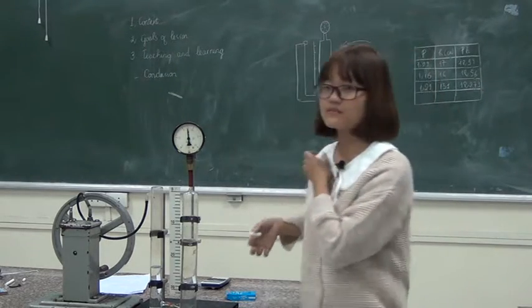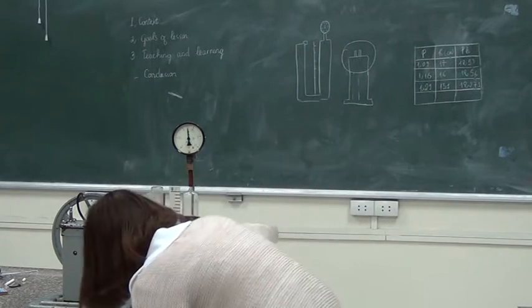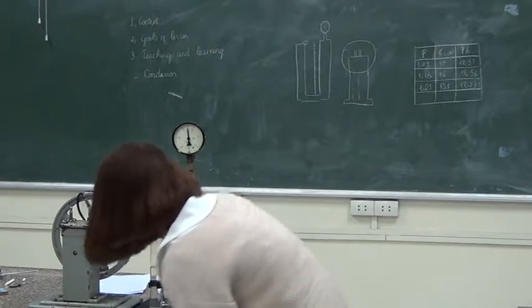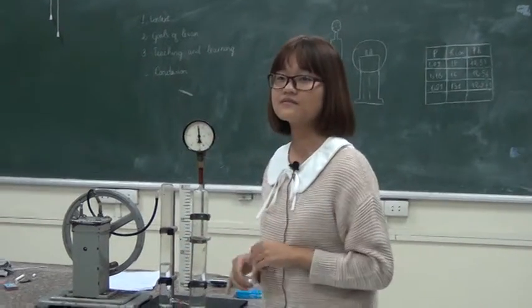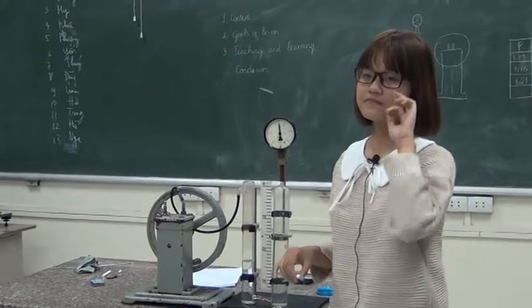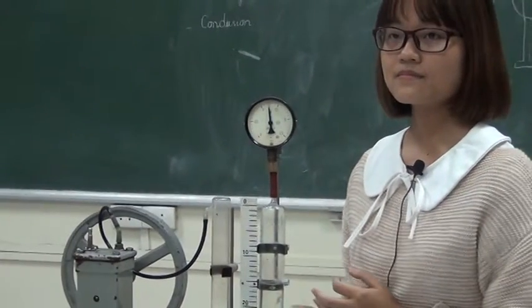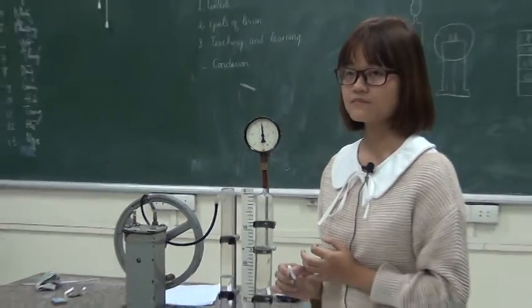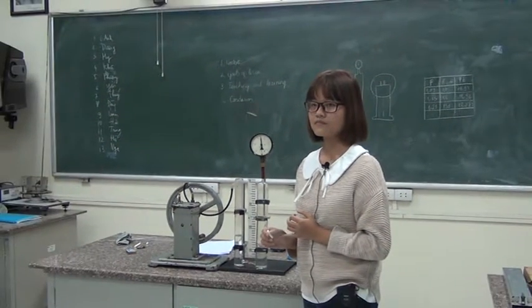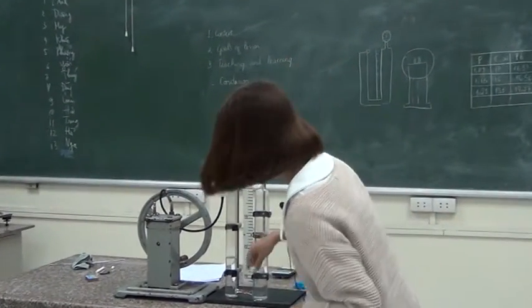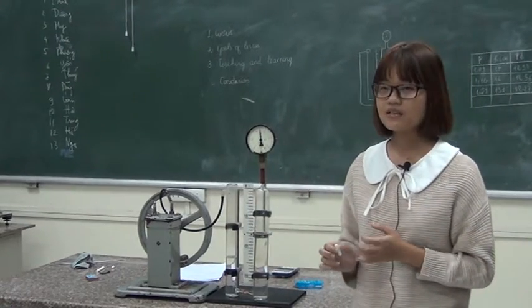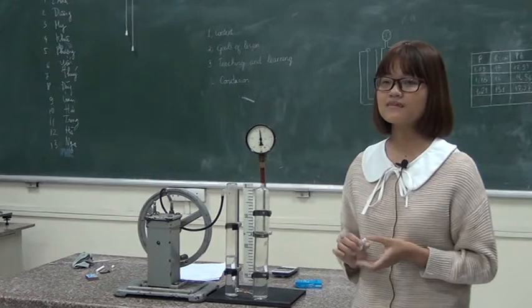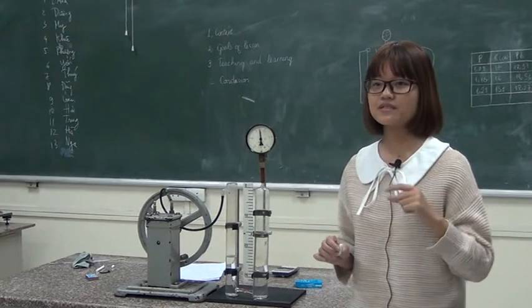It's just proportional, because here it is a little bit more than 15. No, it's not a good way. You have to read based on the scale you have. You cannot make any guess. The water level is closer to 15, so you have to read 15 anyway, but it's a little bit higher than 15.